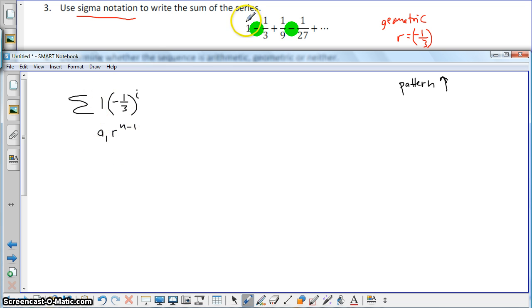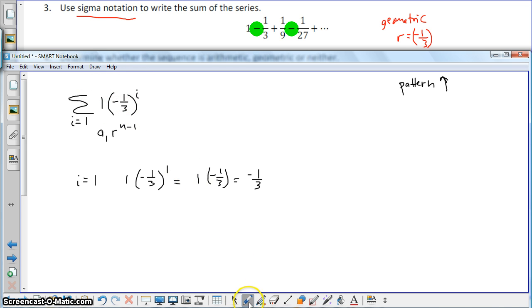So that would be my a1, and then I multiply each time. If I were to plug in 1, let's see if that works out. If i equals 1, I'm going to get 1 times negative 1/3 to the 1. So I would get 1 times negative 1/3. My answer would actually be negative 1/3. So i equals 1 is not going to be correct, or my pattern is not correct.